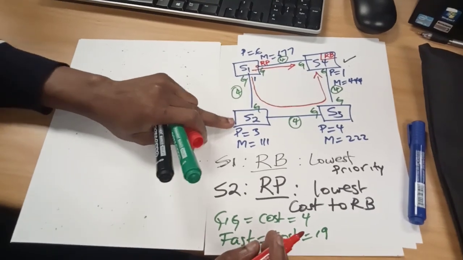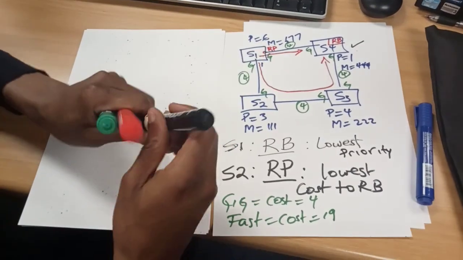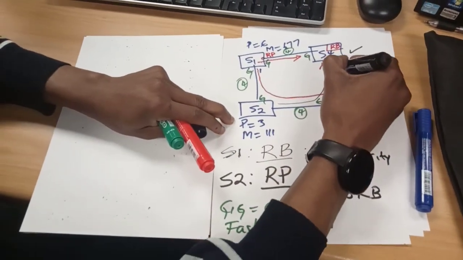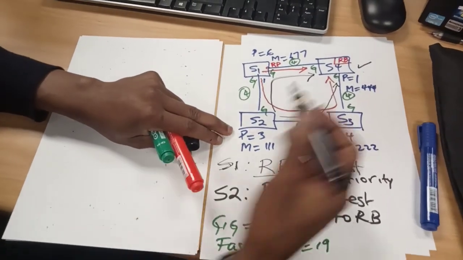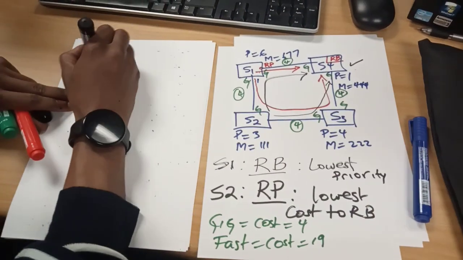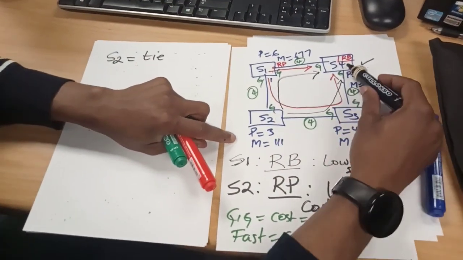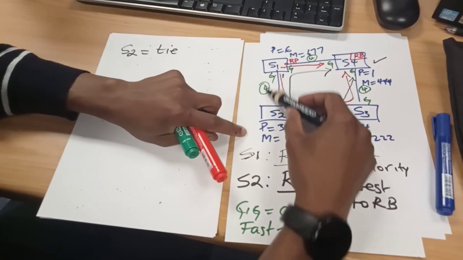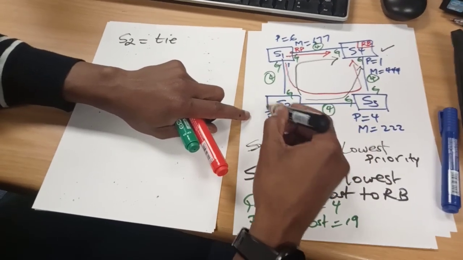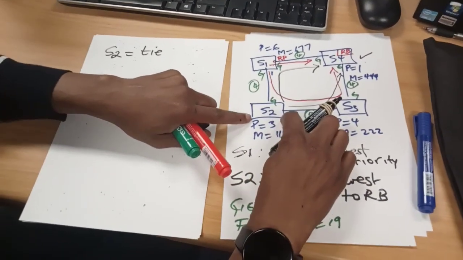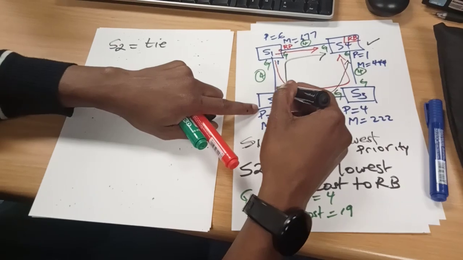Now you go to switch number 2. You can go to the root bridge this way, or you can go this way. But you're going to see there is a tie. Going like this, it's going to be 8. Going like this also, it's going to be 8. On switch number 2, we check the interface number.